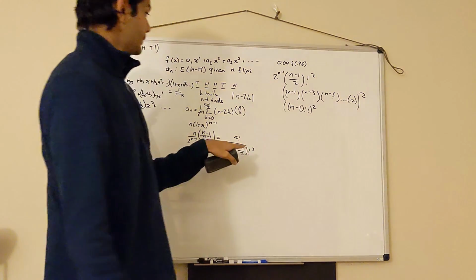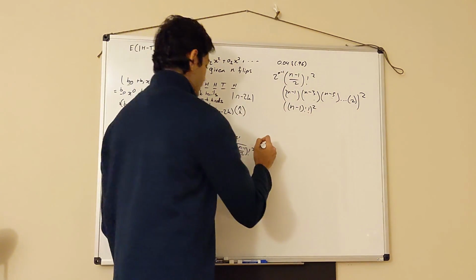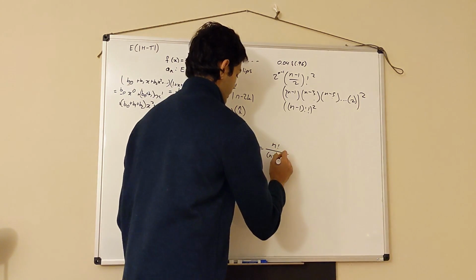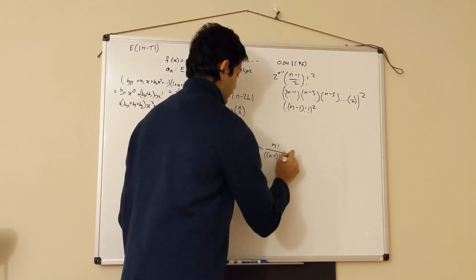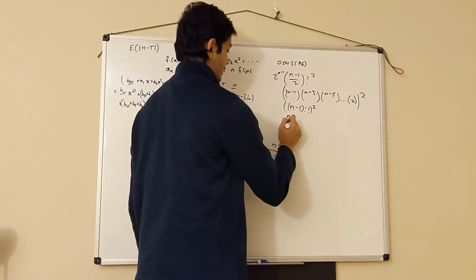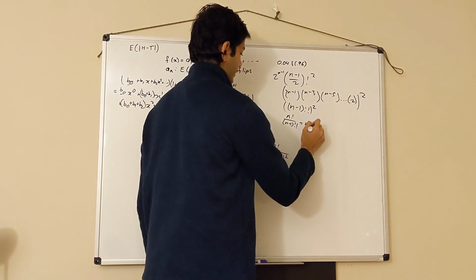And so here, what this means is that this term is equal to n minus 1 double factorial squared. It's equal to n factorial over n minus 1 double factorial, all of that squared. And you can verify that n factorial over n minus 1 double factorial is actually just equal to n double factorial.